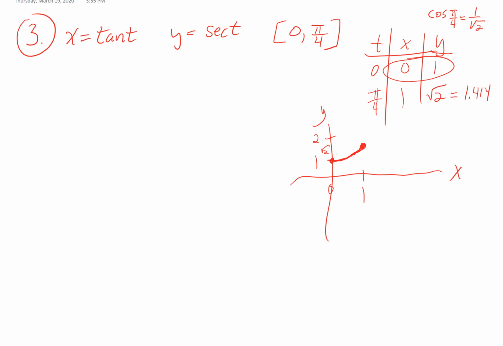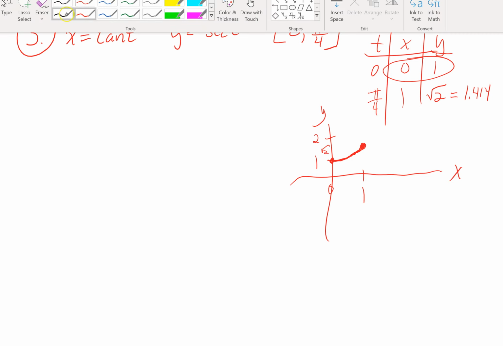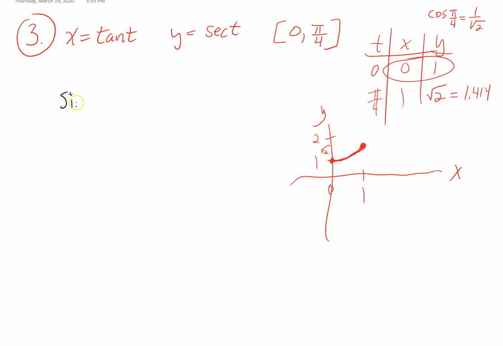When you're seeing trig functions, the most famous trig identity, and I know kids have seen it time and time again, is sine squared plus cosine squared equals 1. Well, I'm redeveloping, proving, if you would, a new identity right now.